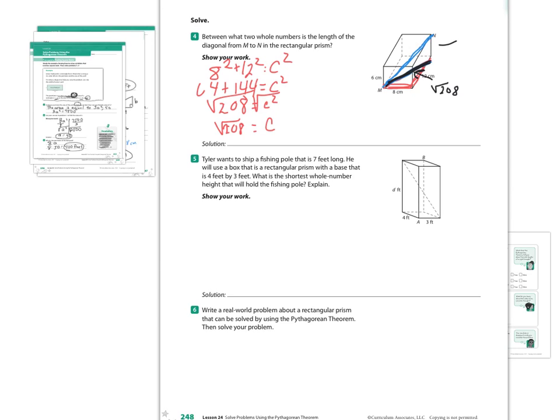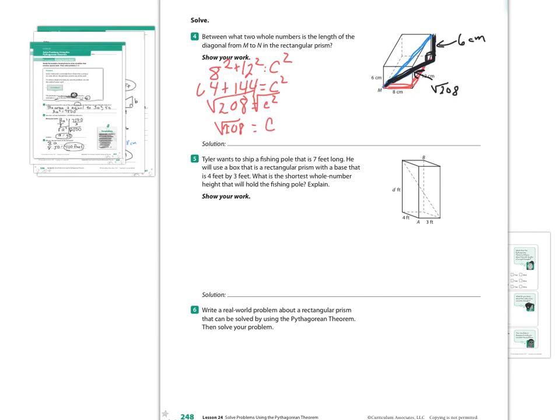We know the height of this triangle is 6 centimeters based on the information provided in the diagram. So we have one leg that's the square root of 208 and the other leg that is 6. We have a right triangle, and now we need to use that information to find that blue line, which is the diagonal that connects point M to point N.